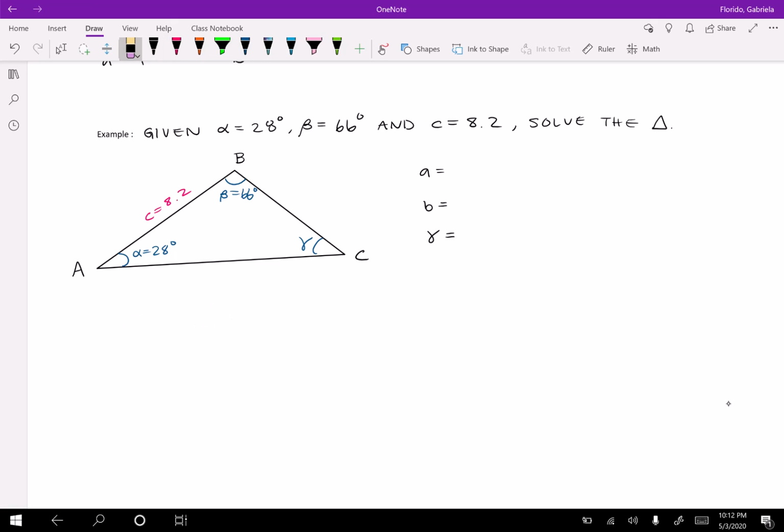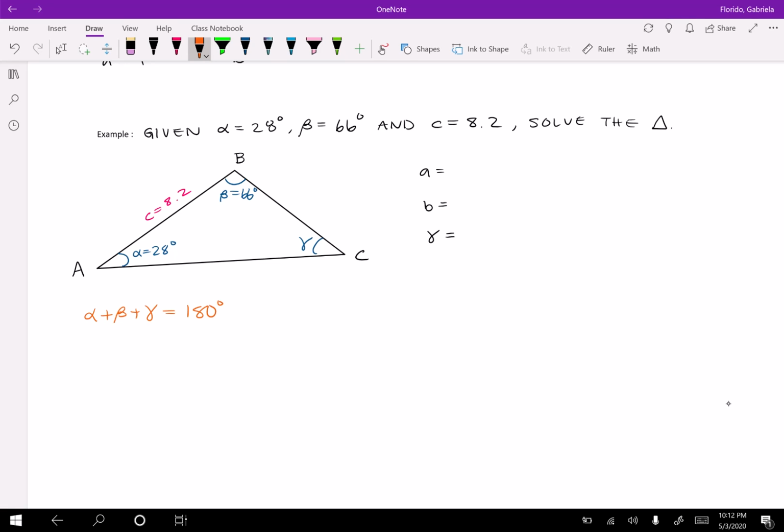We can actually find gamma because, again, remember that the sum of all the angles in a triangle has to sum up to 180. And so again, we know that alpha plus beta plus gamma has to equal 180 degrees.